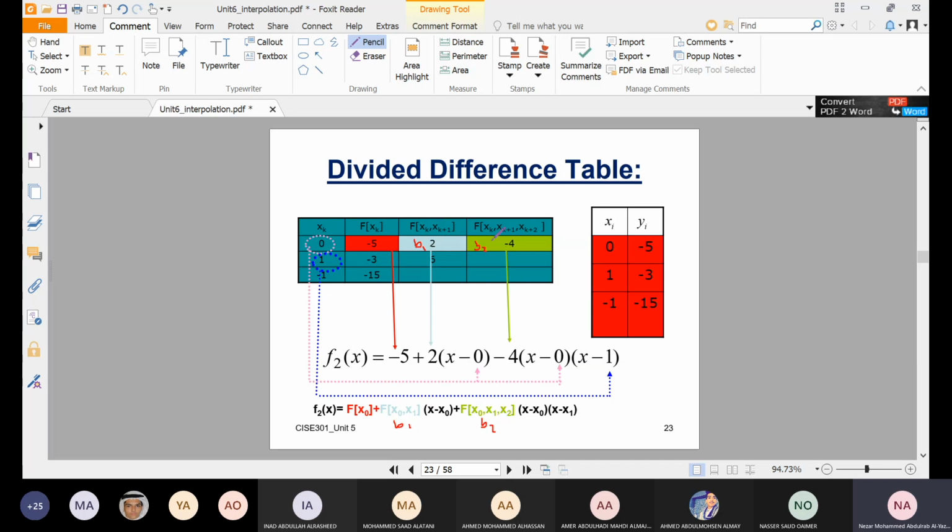I multiply this by x minus x0 times x minus x1. So I just substitute. After that, if you want to find the value of the function for any x between these points, I just substitute to find the value.